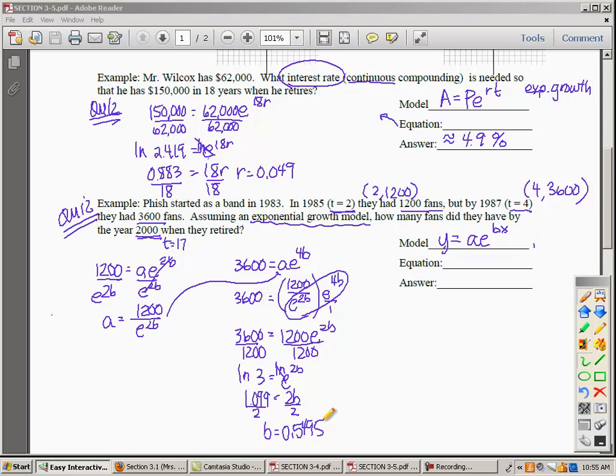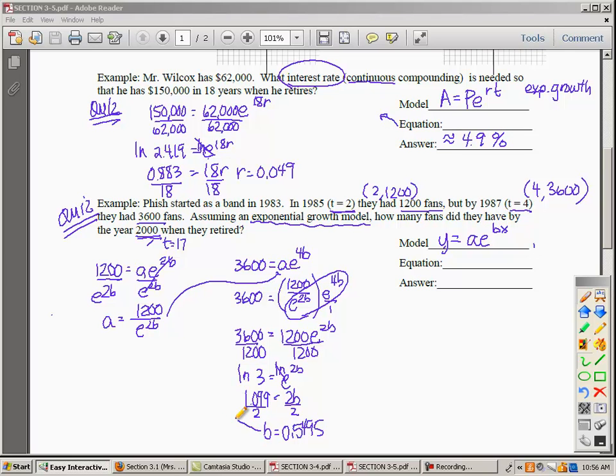So we have our value of b. Okay, and the goal is to get a general equation so that we can actually end up figuring out how many fans were there in the 17th year or year 2000. What I'm going to do now, so I first took this a value and I plugged it in.